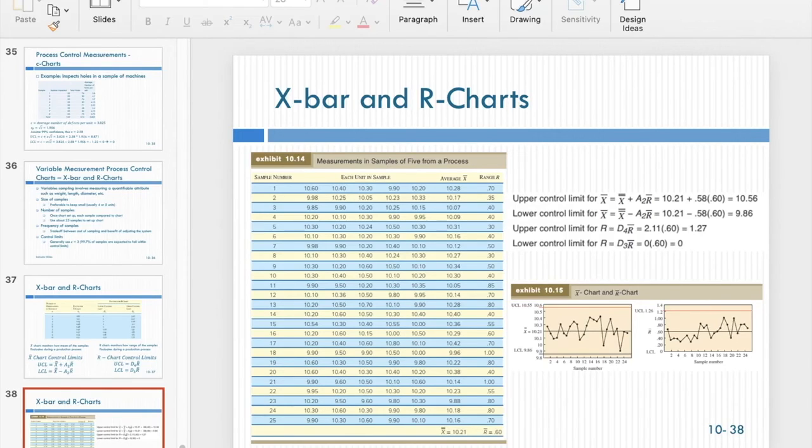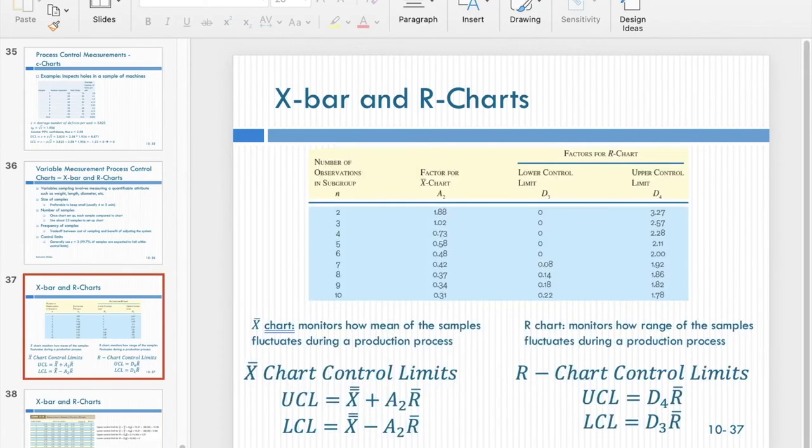Because you record 5 different units within each sample, you add them all up and divide by 5 to get the corresponding numbers here. But what we want here is not X bar, it's X double bar.